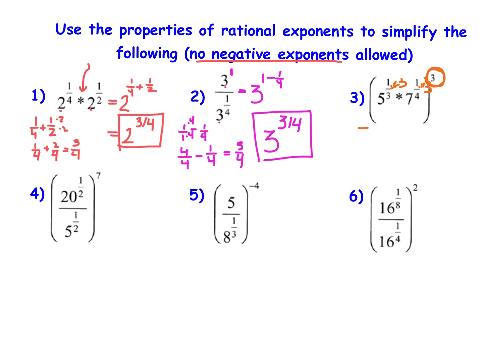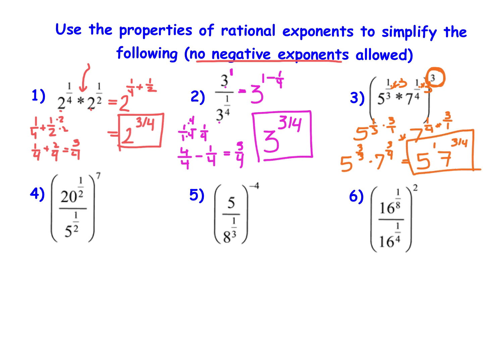So this becomes 5 to the power of 1/3 times 3/1, then times 7 to the power of 1/4 times 3/1. So this becomes 5 to the power of 3/3 times 7 to the power of 3/4, which can then simplify to 5 to the power of 1, or just 5, times 7 to the power of 3/4.